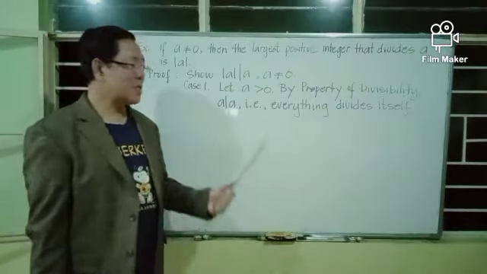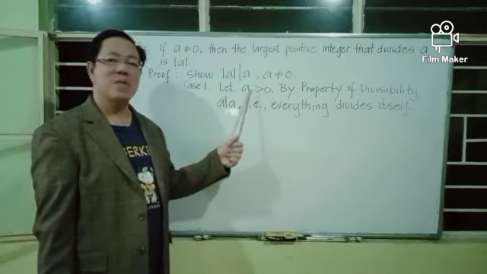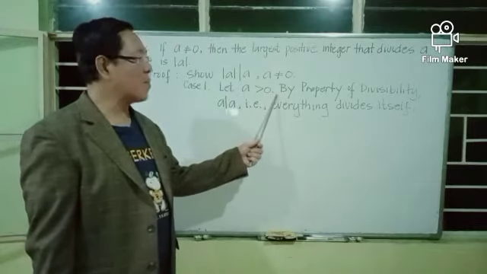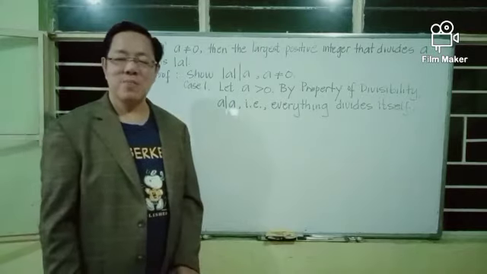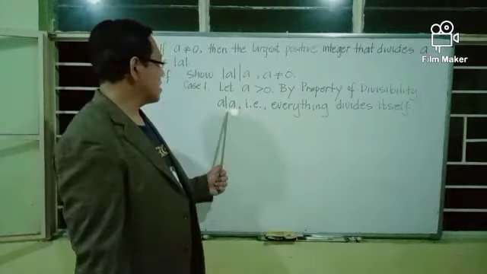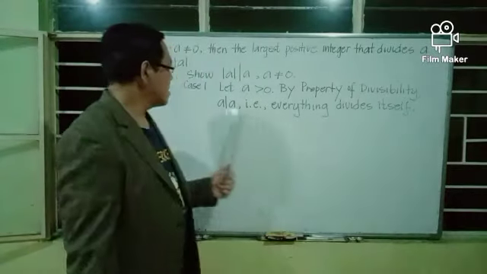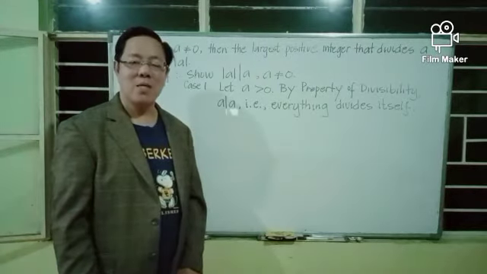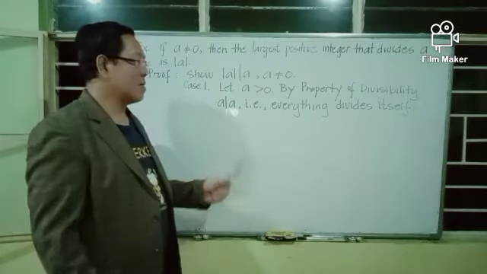We consider case 1 where we let a be greater than 0, which means a is a positive integer. Now, by property of divisibility, a divides a. This means that every integer divides itself. If a divides a by property of divisibility, we apply the definition of divisibility to a divides a.